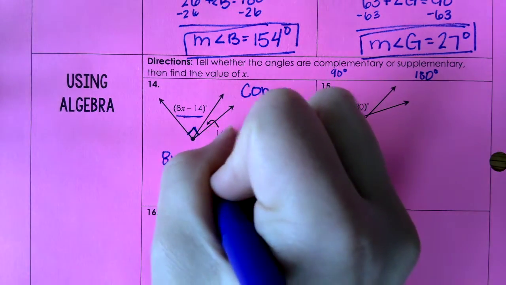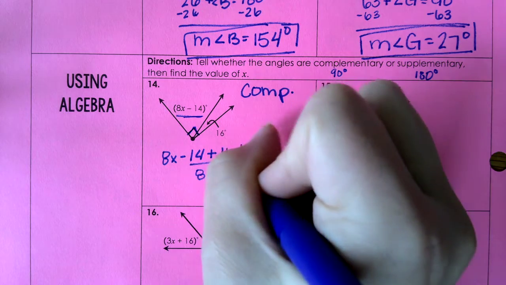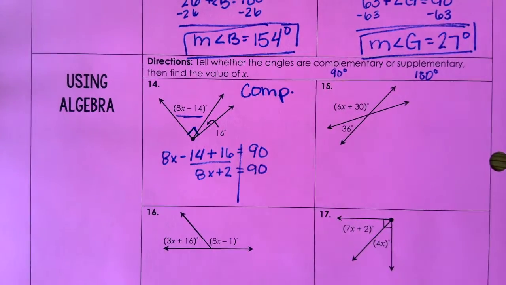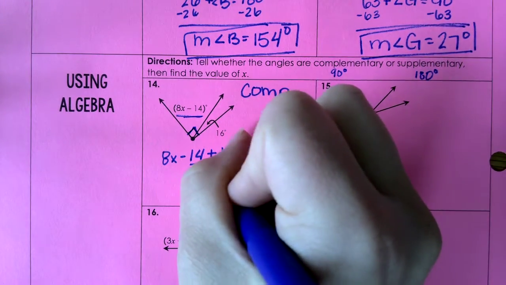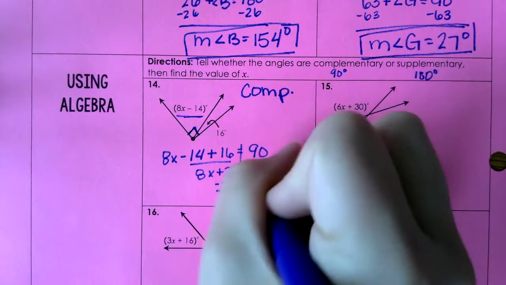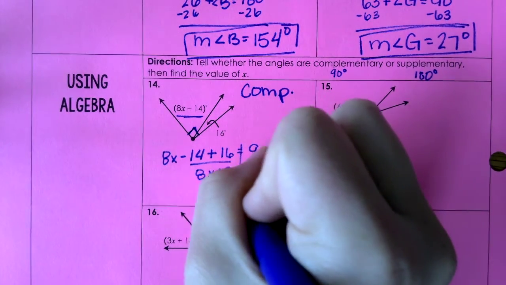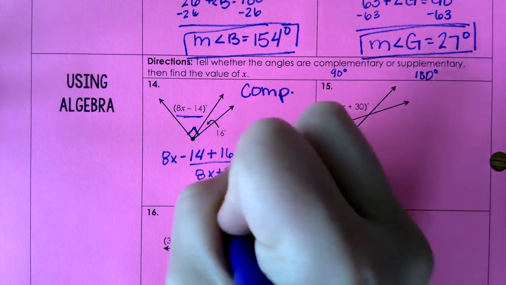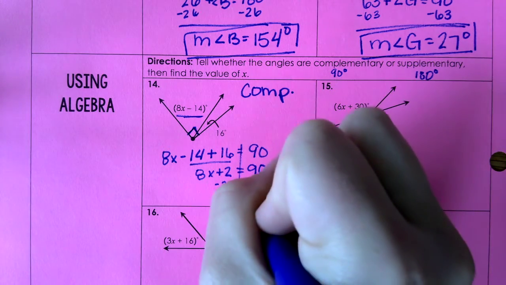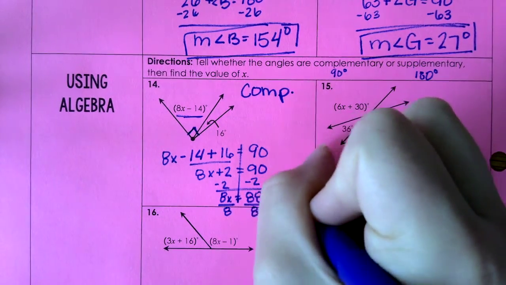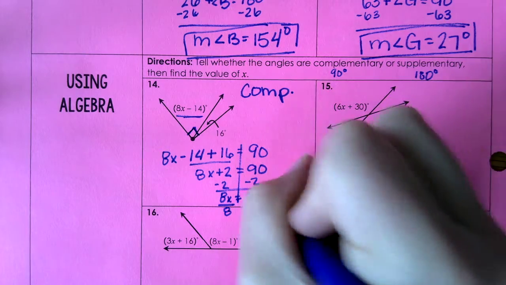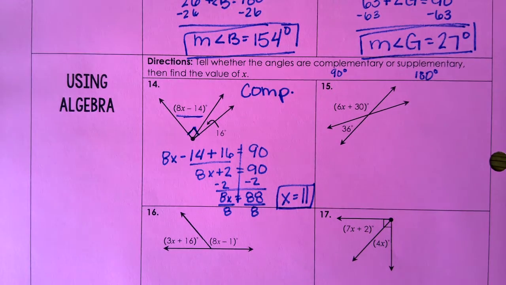So I have 8x plus 2 equals 90. Subtract 2 to get 8x equals 88, and then we divide by 8. So x equals 11. Good.